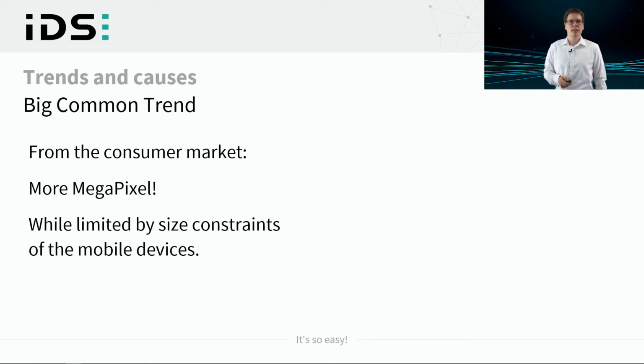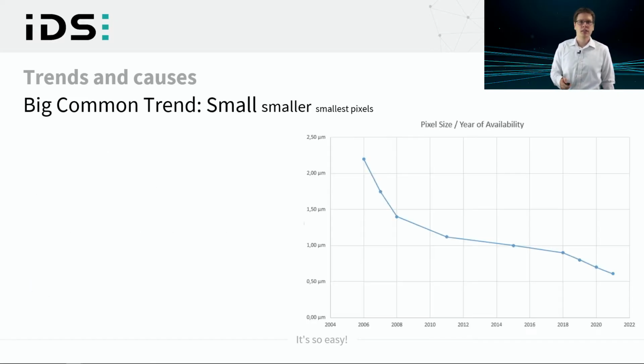But the size constraints go in the other direction, toward even thinner and smaller devices. Thus, the size of each pixel is shrinking. Let's have a look at the trend of the pixel size. Here is a graph of the smallest pixel size in a commercial product over the year of first use.